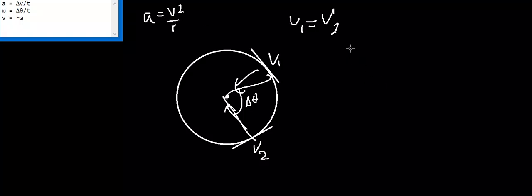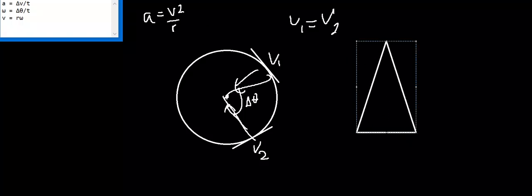So now we can construct an isosceles triangle, with each side being the velocity. So here it's velocity, and this would be the change in velocity. And here it would be the change in theta. Now, imagine we wanted to find this delta v.